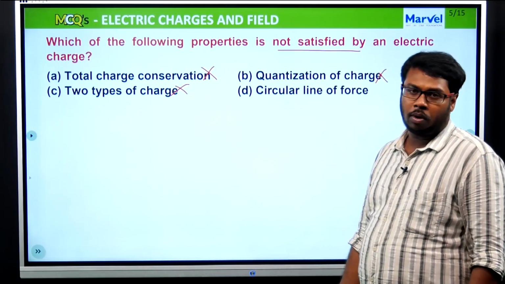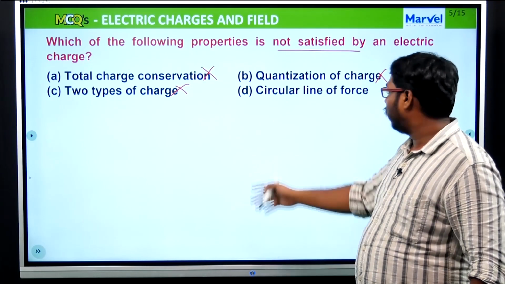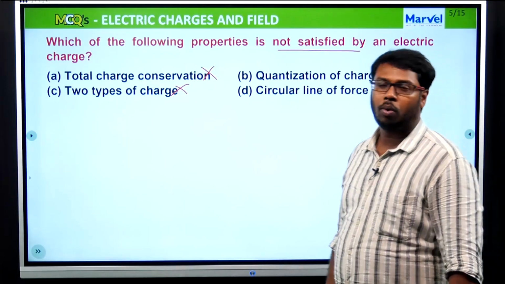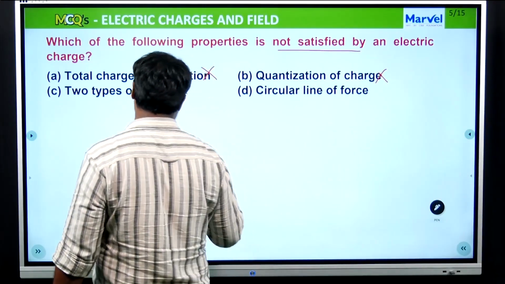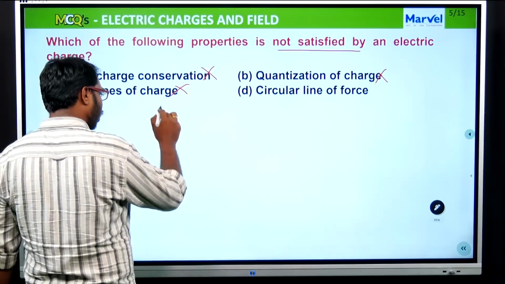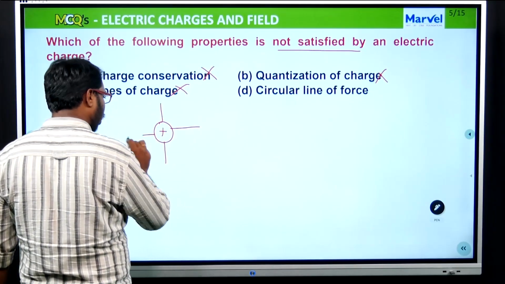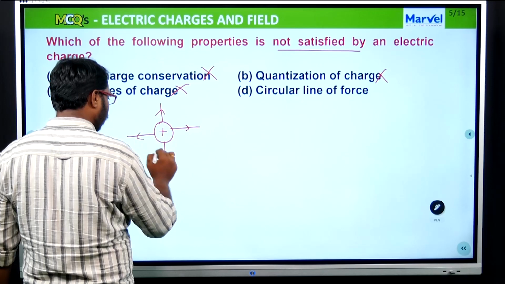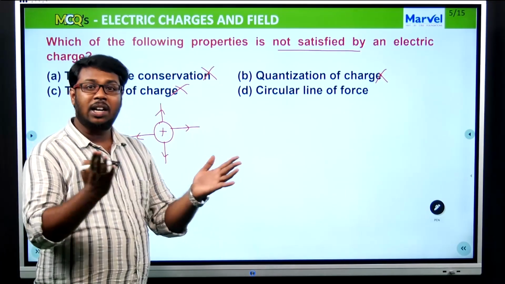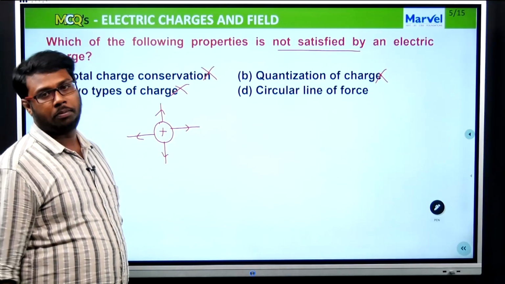So we are now left with only one option: circular lines of force. What do you mean by that? If you have a positive charge down here, the lines of force will always try to move in a straight line. When you bring another positive charge close to it, the line curves, but it will not make a circle.